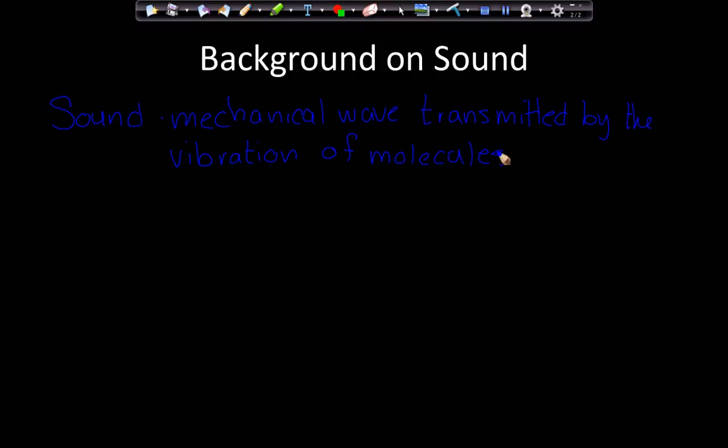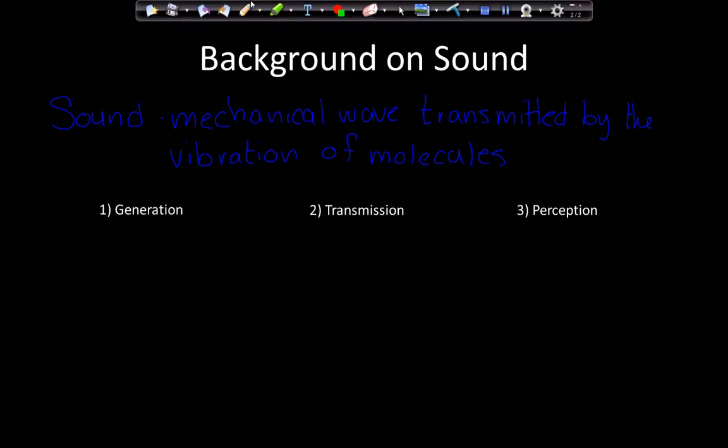And when we think about sound, we generally think about sound in 3 parts. First, there's the generation of sound. Then there's the transmission of sound. And finally, there's the perception of sound.